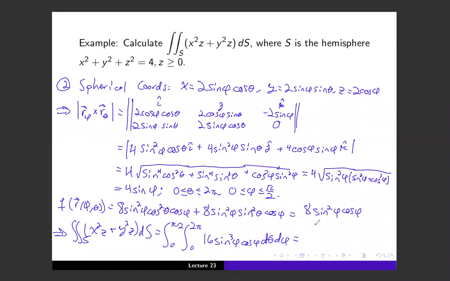There we go. Now this is going to become 4 sine to the fourth of phi from 0 to pi over 2 times 2 pi, which would be 8 pi.